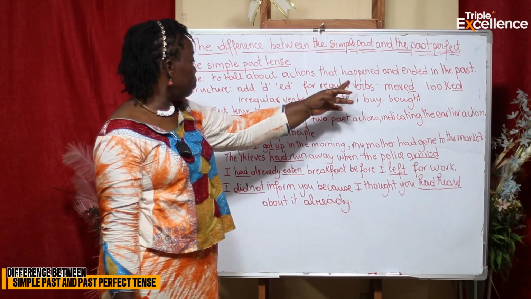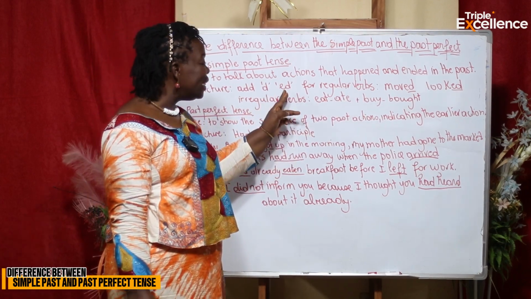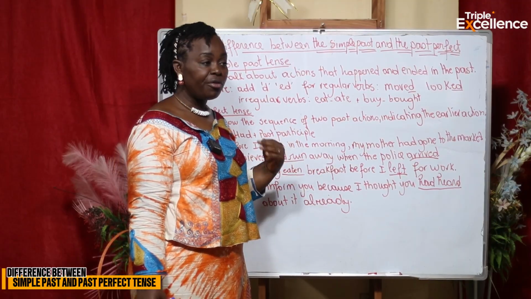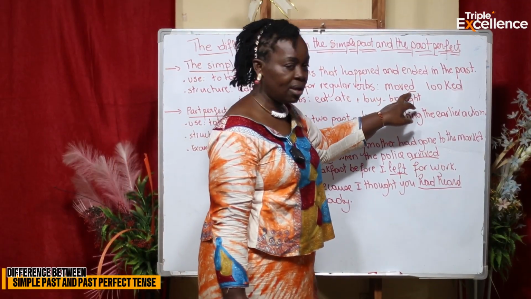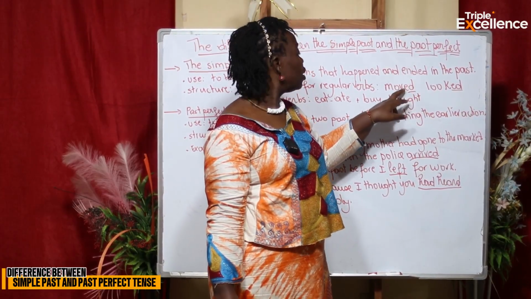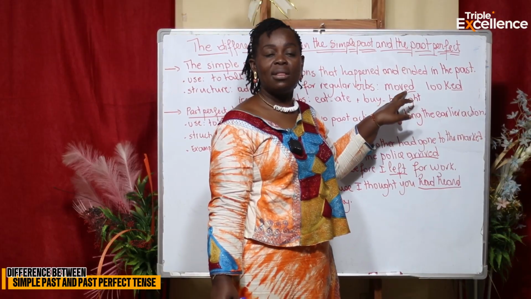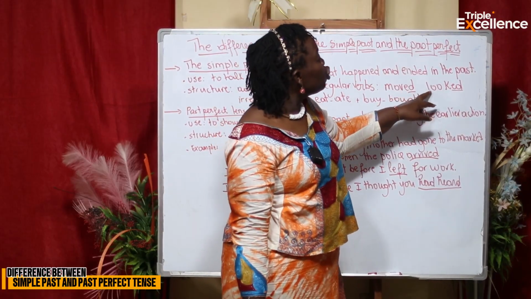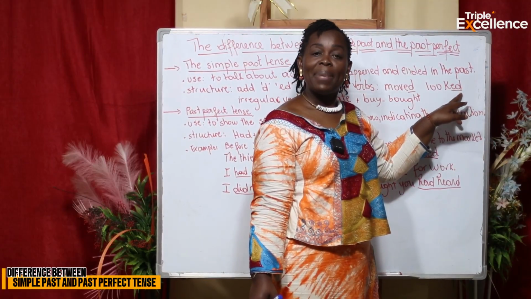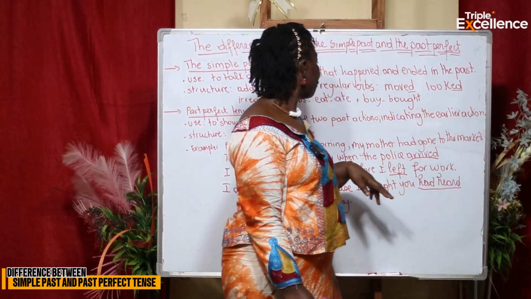For regular verbs, you use D or ED to form their past tense. For example, the verb to move, you add D to form its past tense because the E is already there. For the verb to look, you add ed to form its past tense.